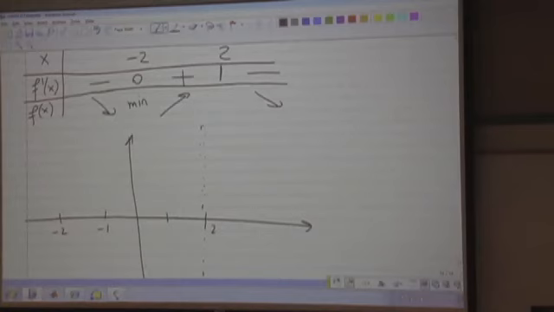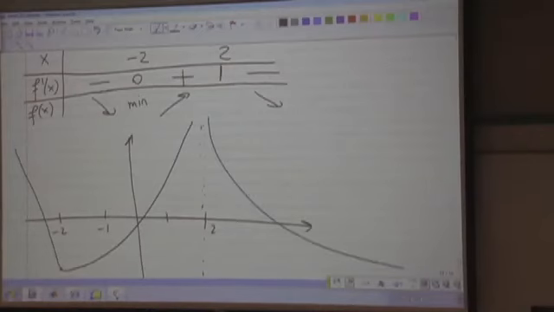But it just makes life simpler if you do assume that. And I have at -2 a minimum, so I'm somewhere over there. My function is concave up at all times. So that's a graph. Is this making sense?